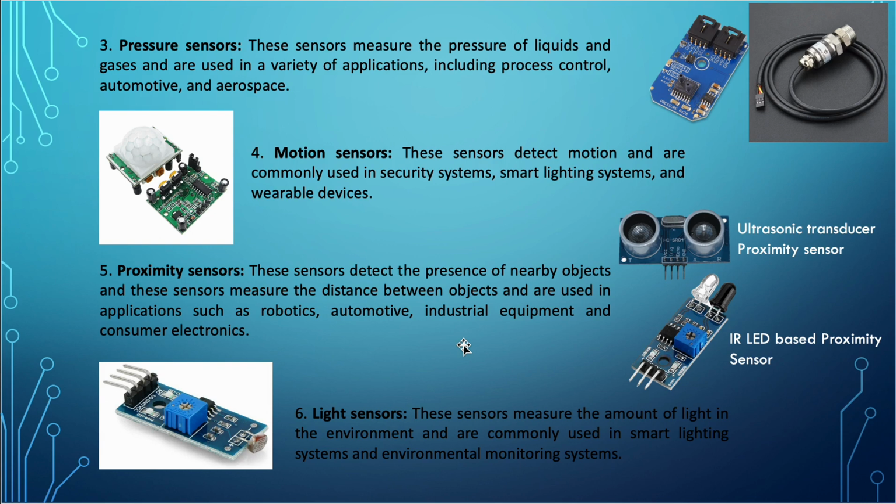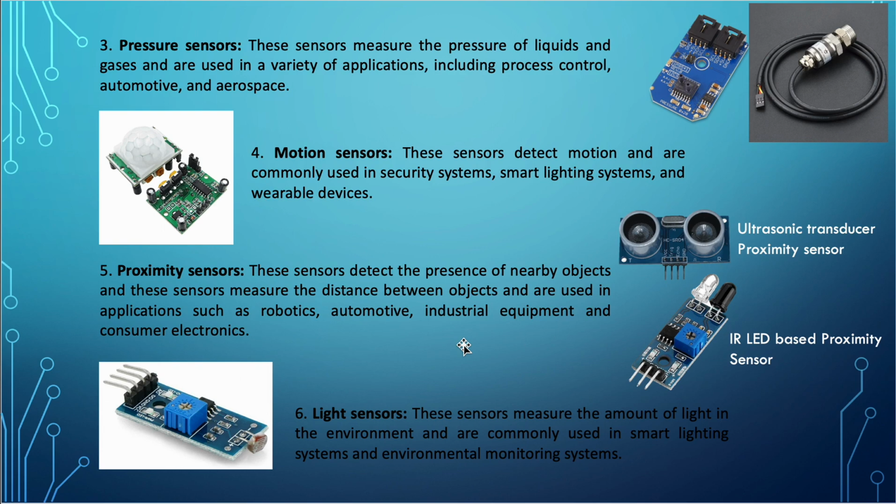Then light sensors. Of course, we talked about smart lights as examples. We talked about light sensors on weather stations, connected to light bulbs in cities, in streets. They will come on when the light sensor detects that the light is low and we have low visibility.